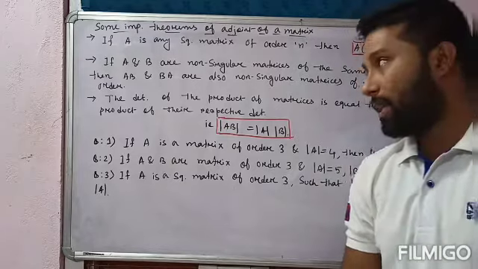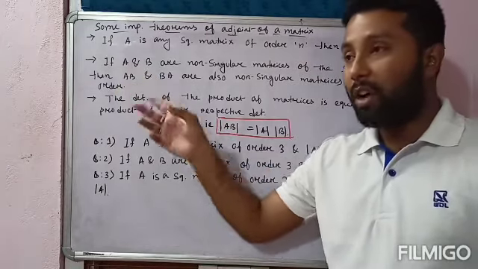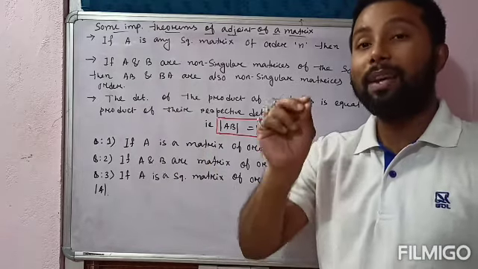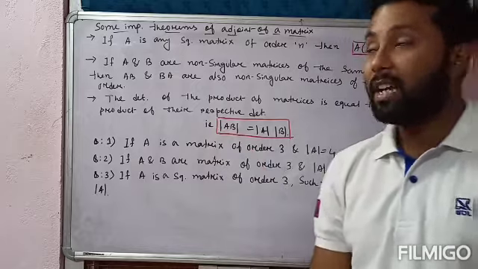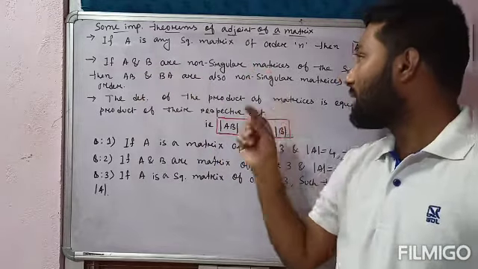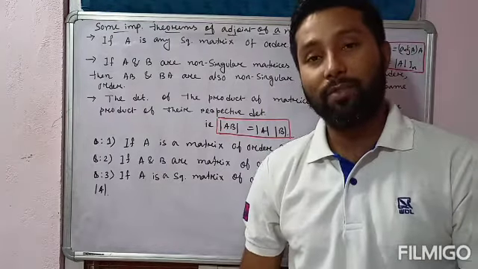The second theorem is, if A and B, capital letters A and B, we all know that a matrix is always denoted by capital letters, whereas the elements are denoted by small letters, right? So if A and B are non-singular matrices of the same order. Now what is a non-singular matrix?